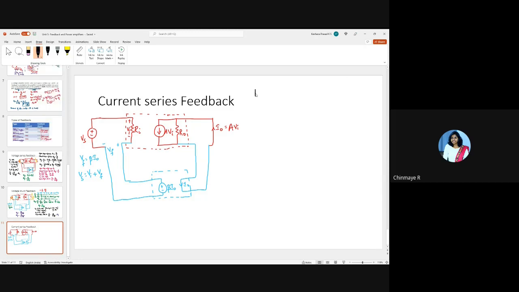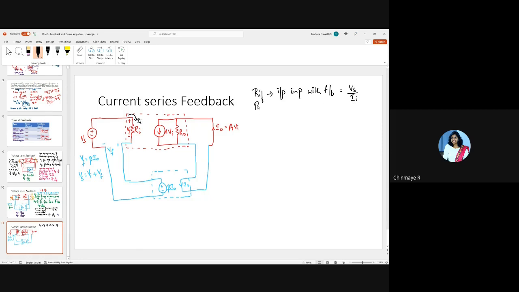Now let RIF be the input impedance with feedback. Okay. With feedback. What is it given by, RIF? So suppose you have the current II here. Then RIF is given by Vs, the input voltage, divided by II. Right?